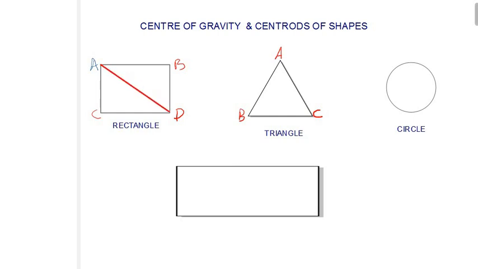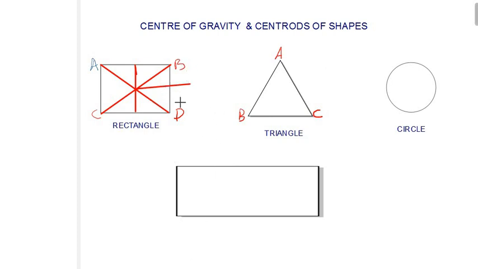and we draw another line from point B to point C, and another one from here to here, the point of intersection of these several lines we've drawn is called the CG of the shape.